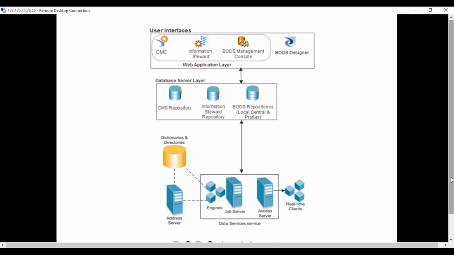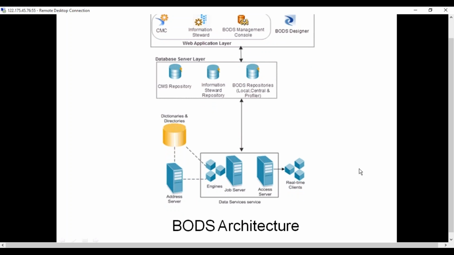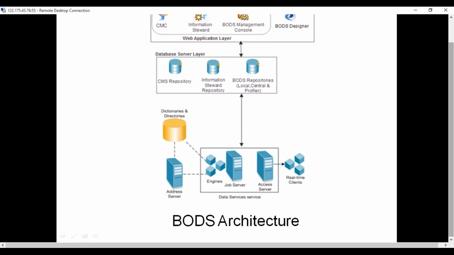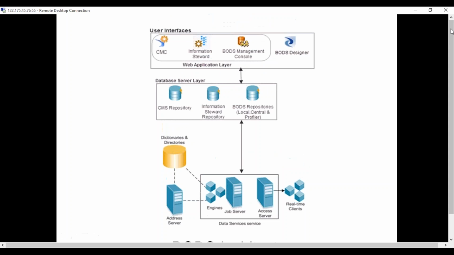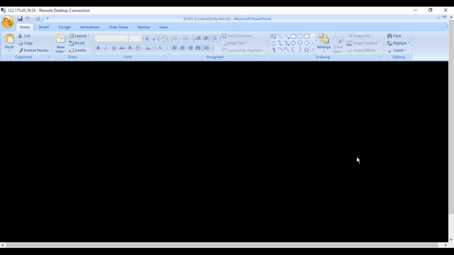Sure, we will discuss that, Ravi. I will stop this theory part here, and maybe in the next session we will discuss the other frequently used terminology. Now let me go to our application and discuss the variables part.